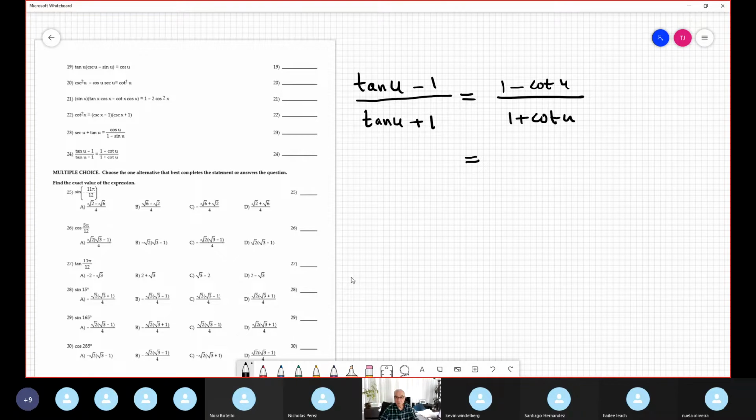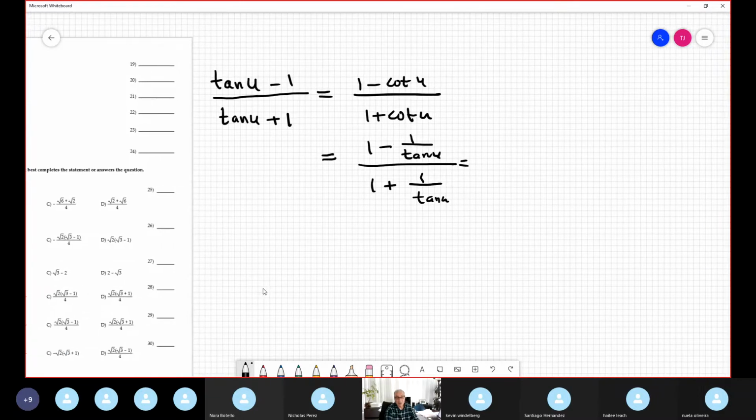So I have 1 minus the reciprocal of tangent divided by 1 plus the reciprocal of tangent. You follow me? Yes. Now, I have a complex fraction. I dedicate myself to manipulating the top part.